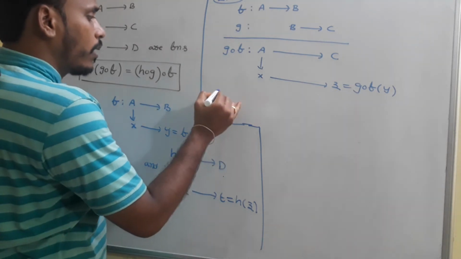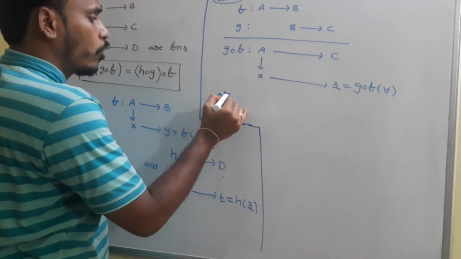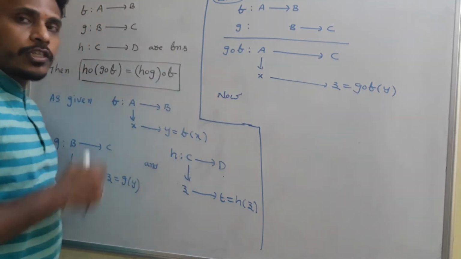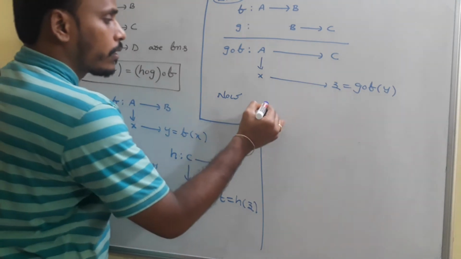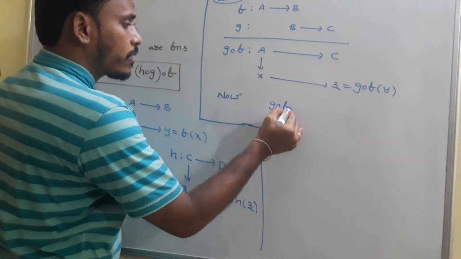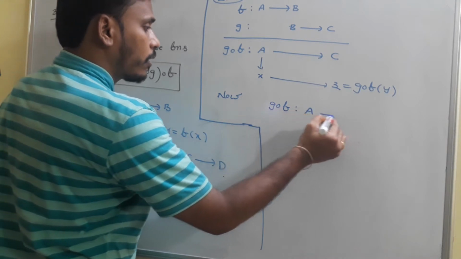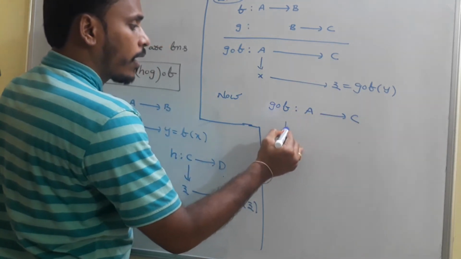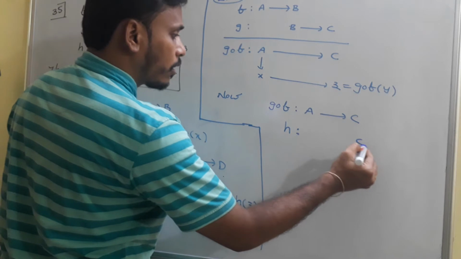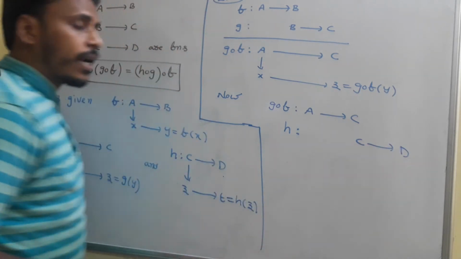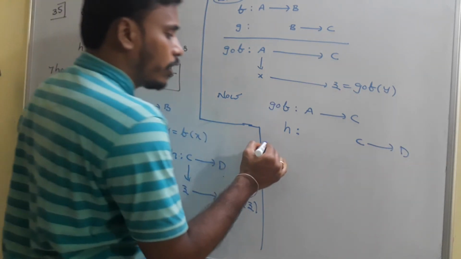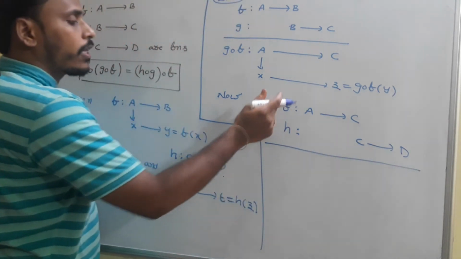And now you need to think about h circle (g circle f). See, now what do we have? g circle f is a function from A to C, and h is a function from C to D. That is from A to C, this is from C to D. You need to apply the composition.